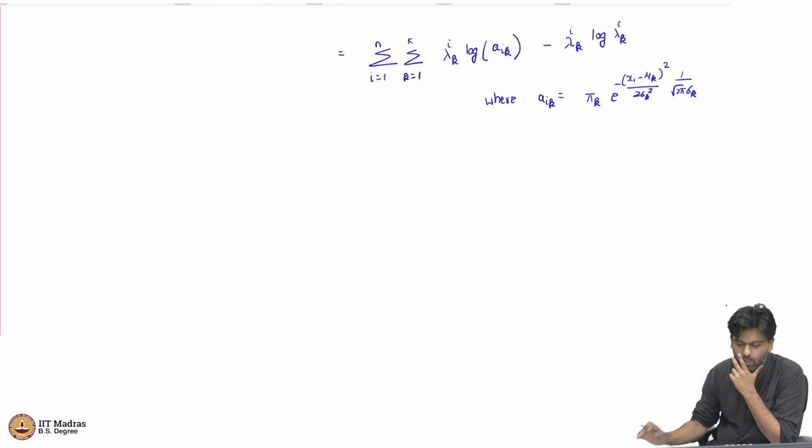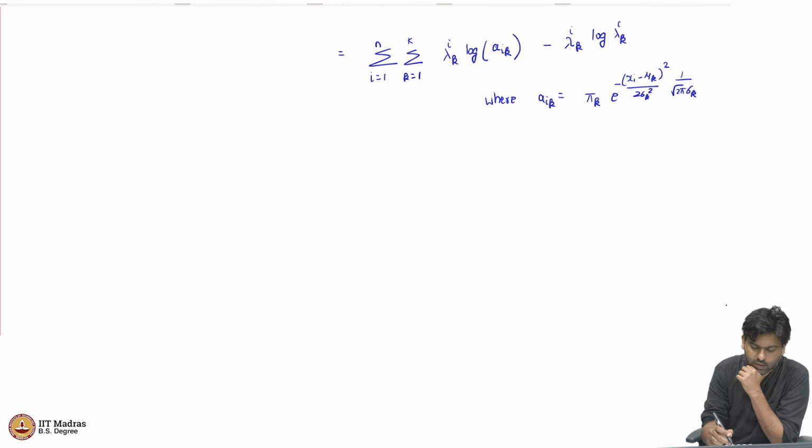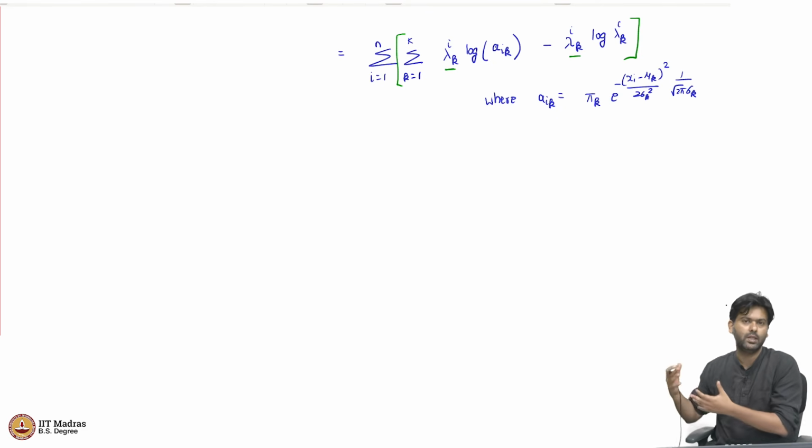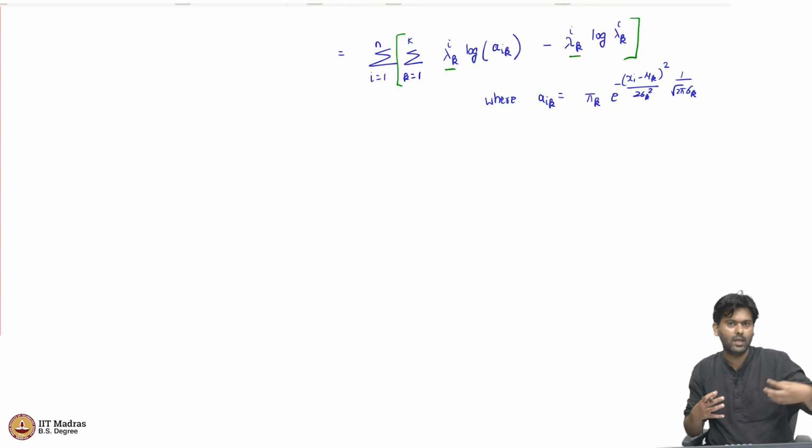Now, remember we want to maximize this with respect to lambdas, right. And there are k lambdas for each data point i. If you look at this equation itself, it is a sum over data points, and for each data point I have a bunch of k parameters, and then I am adding these things up. The function does not have any cross terms, right. So, lambda_ik and lambda_jk do not appear together at all in the function.